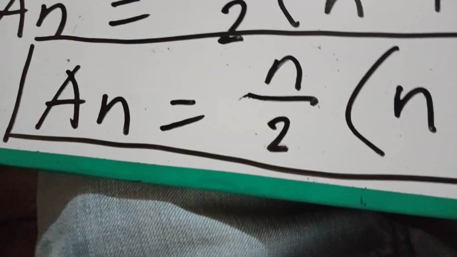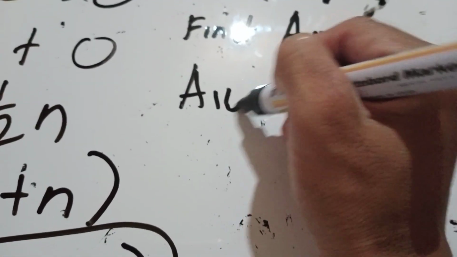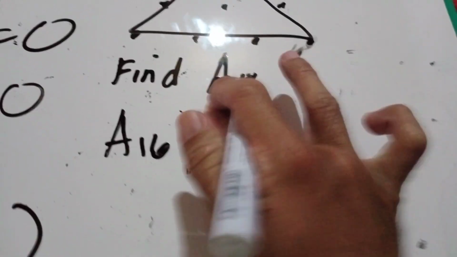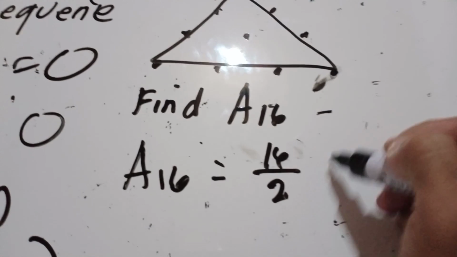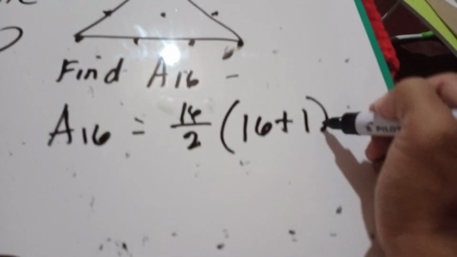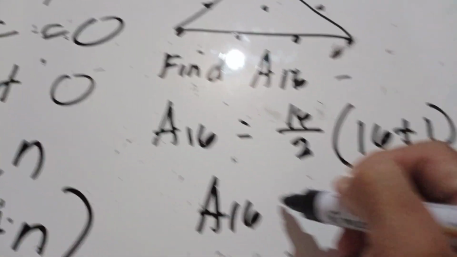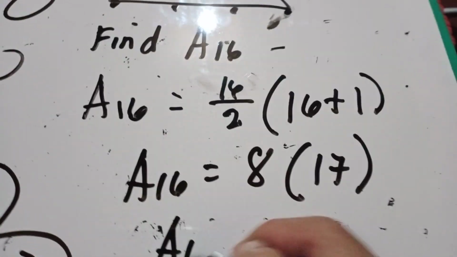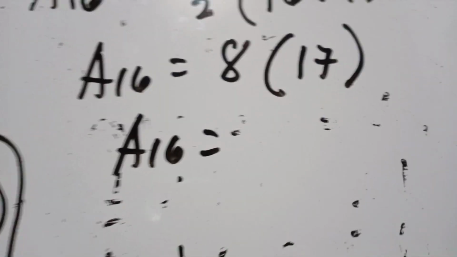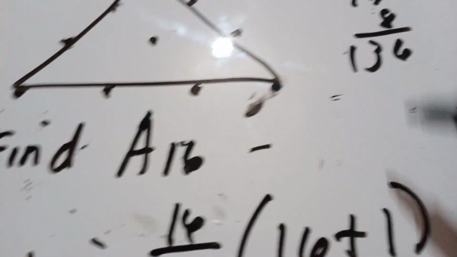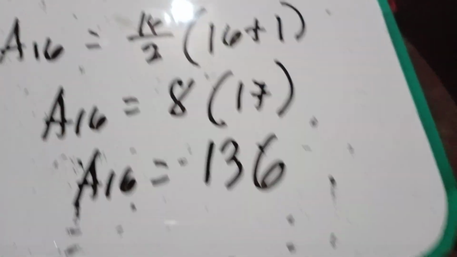So a sub 16 is equal to 16 over 2 times 16 plus 1, which is 8 times 17. 17 times 8 is 136.